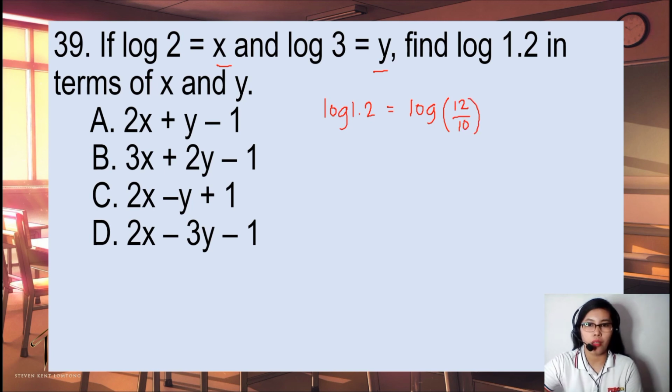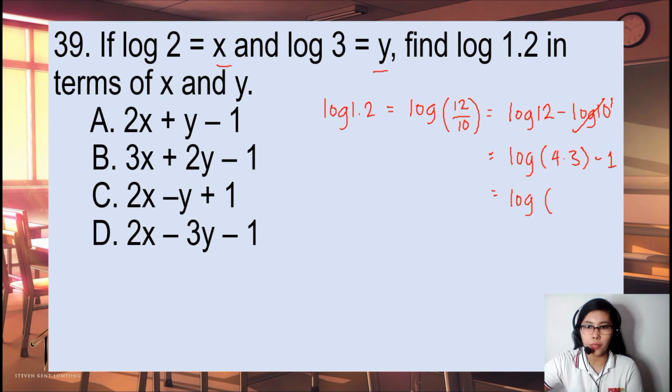Then, applying the rules of logarithm, log of 12 over 10 is also equal to log of 12 minus log of 10. And log of 12 is equal to log of 4 times 3. Log of 10 is simply equal to 1, right? So we have here minus 1. And log of 4 times 3 can be expressed as 2 squared multiplied by 3.